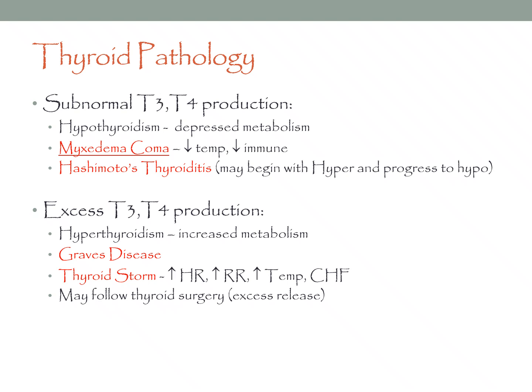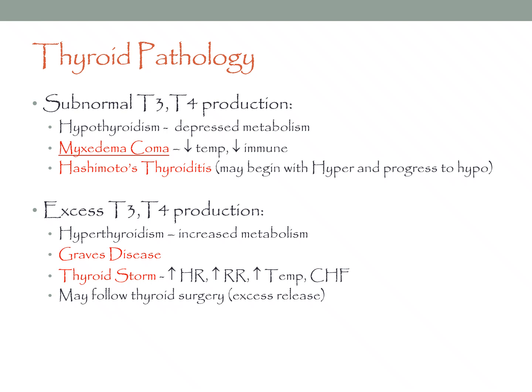So let's correlate a low level of thyroid hormone with depressed or low metabolism. We're going to call that hypothyroidism. And then when we have too much of the thyroid hormones, we're going to correlate that with increased metabolism. And we're going to consider that hyperthyroidism.